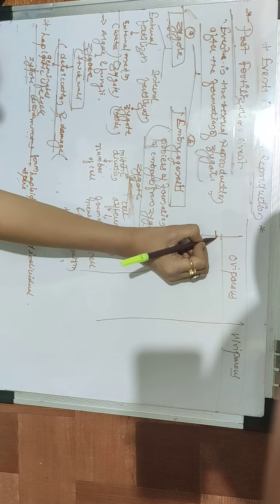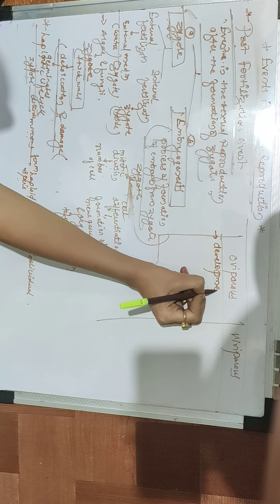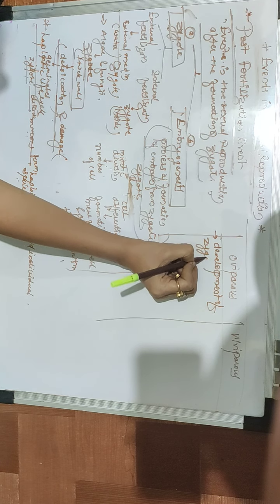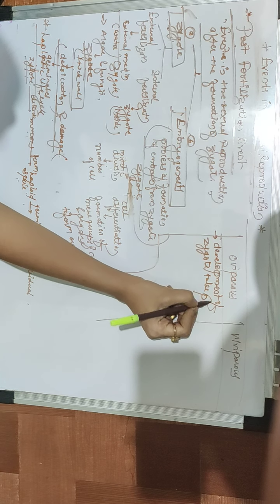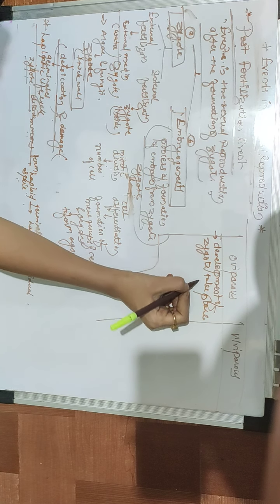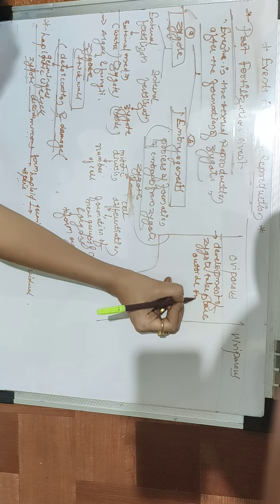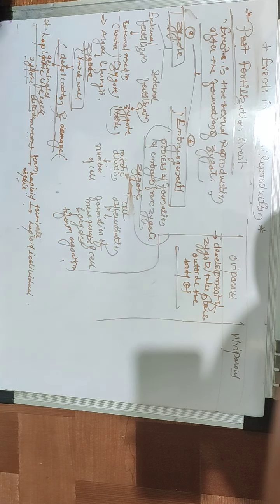When the development of the zygote takes place outside the body of the organism, it is called oviparous.